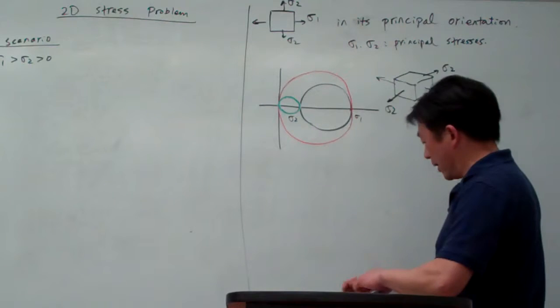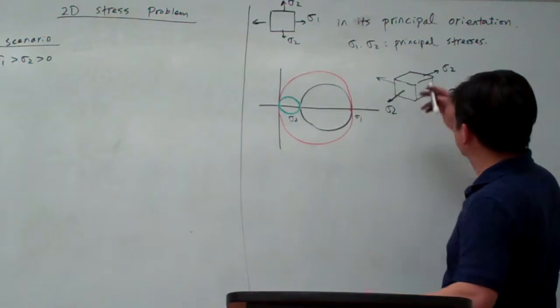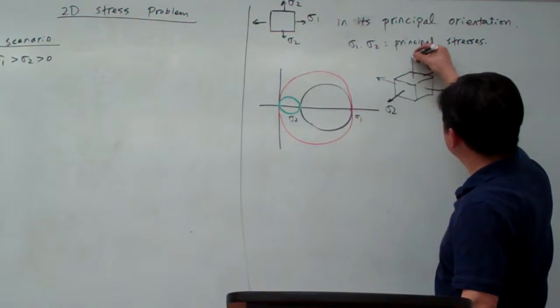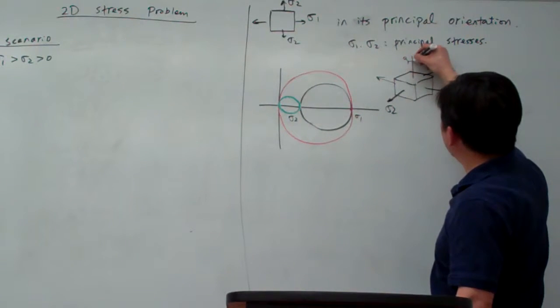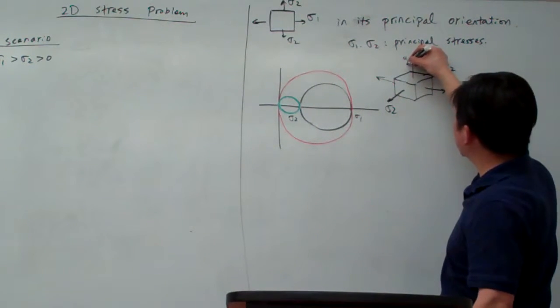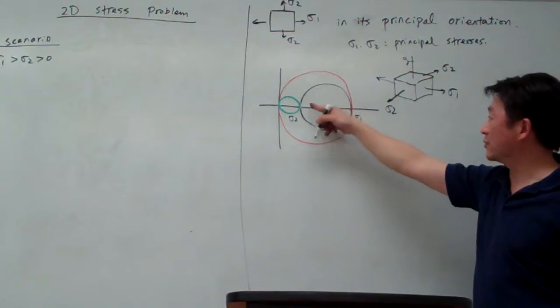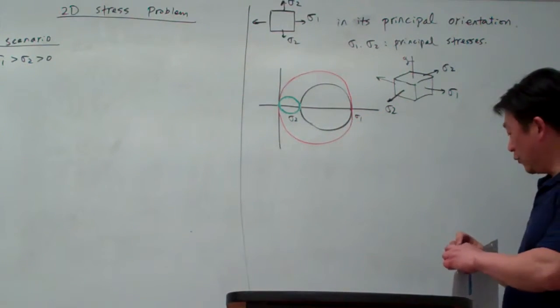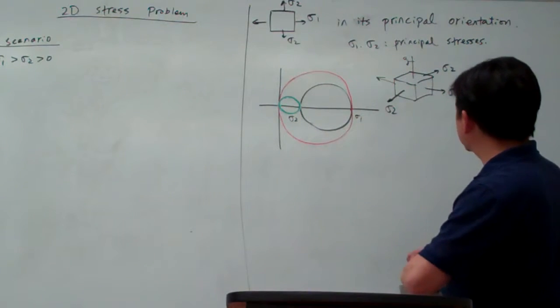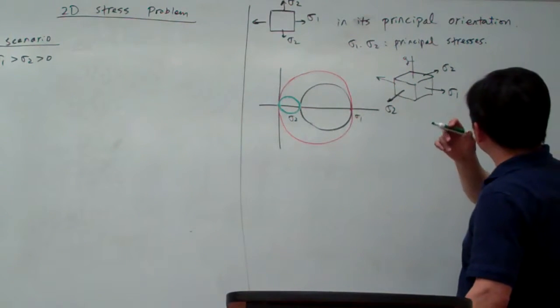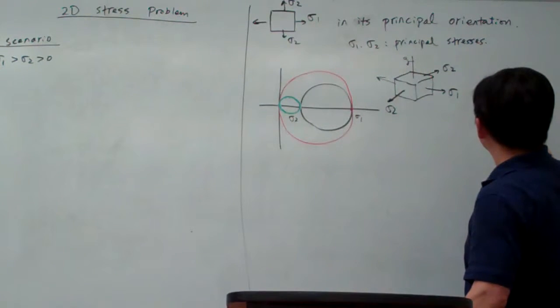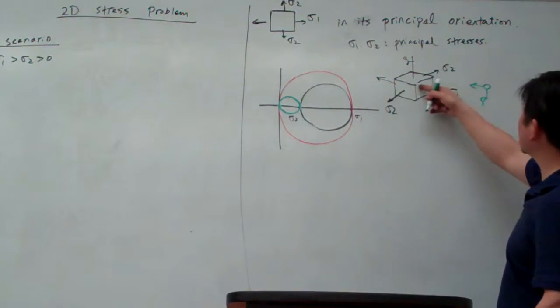And for the black one, this black one corresponds to a person sitting on this axis and looking downward to look at the distribution of the stress. The green one corresponds to the person sitting on this axis and looking in this direction.